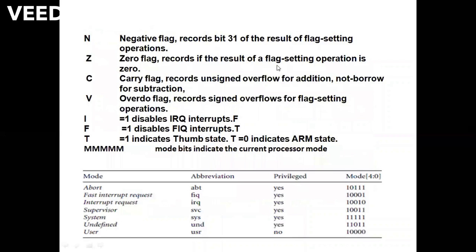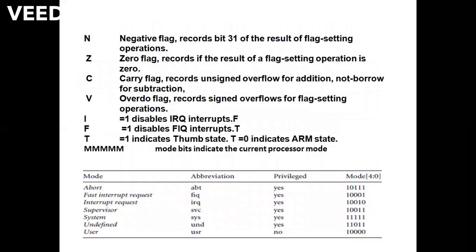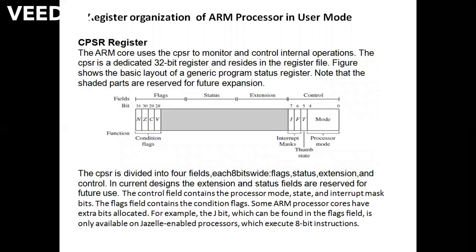What do you mean by privileged mode? In the privileged mode, you can change the processor mode, you can change the processor status, you can disable or enable the interrupts. These are called privileged tasks. You can carry out these tasks only when you are in the privileged mode. So this is all about the different modes and states of the ARM processor.